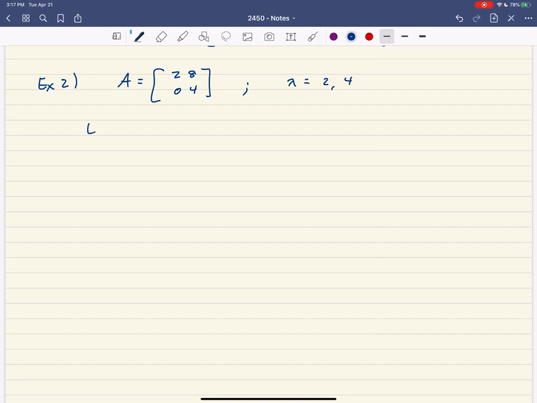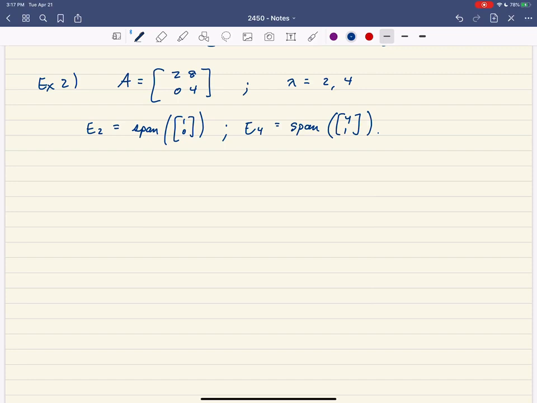It turns out, and you should check this, I really do want you to pause the video, write this down on a sheet of paper, and try to find the eigenspaces. The eigenspace corresponding to lambda equals 2 is going to be the span of the vector 1, 0, and the eigenspace corresponding to lambda equals 4 is going to be spanned by the vector 4, 1.